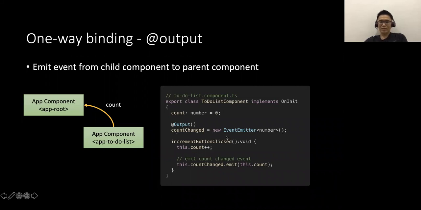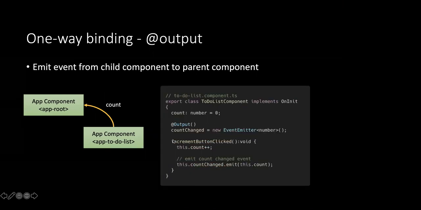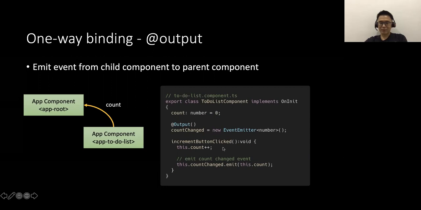Whenever we click, we have an event function, button click, and within this function, we will add one to the count, and then we will emit this value by calling this property, this dot count change dot emit, then we put a number in it. This is how we can emit the value to the parent. And how can the parent handle this output?